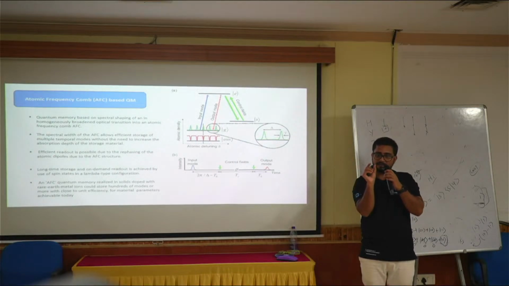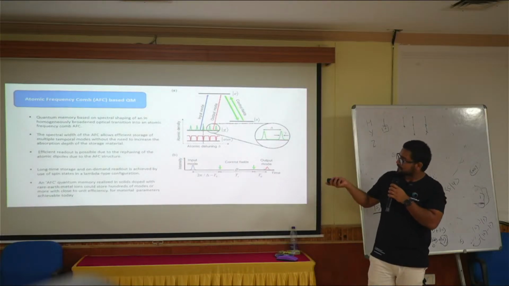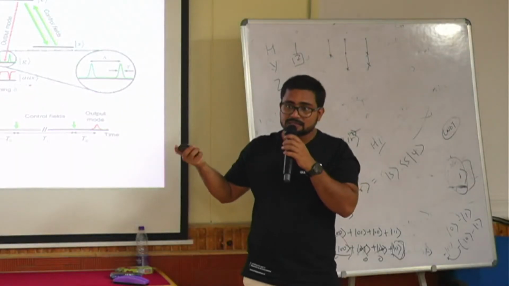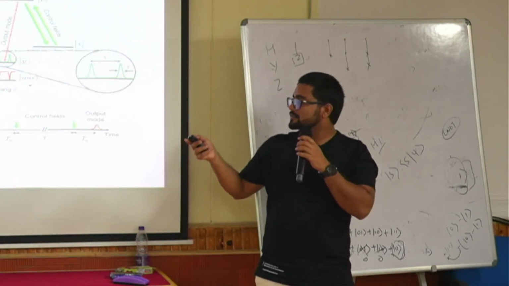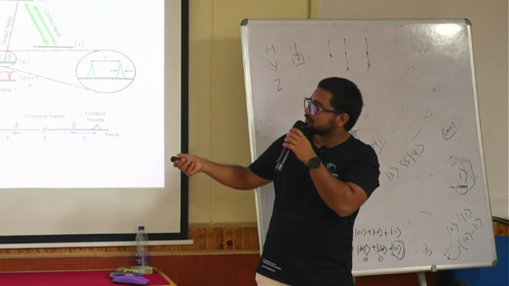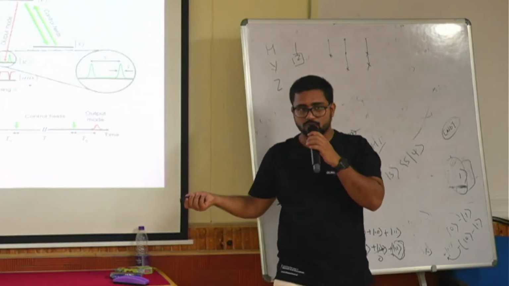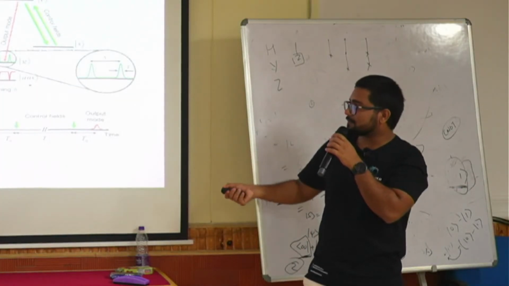We procured a vapor cell, and inside it quantum information can be stored. Something called erbium doped or rare earth ion doped material can also store quantum information. This is the atomic frequency comb, where you can use rare earth ion doped materials. By using that, you can store quantum information. So this is another part.